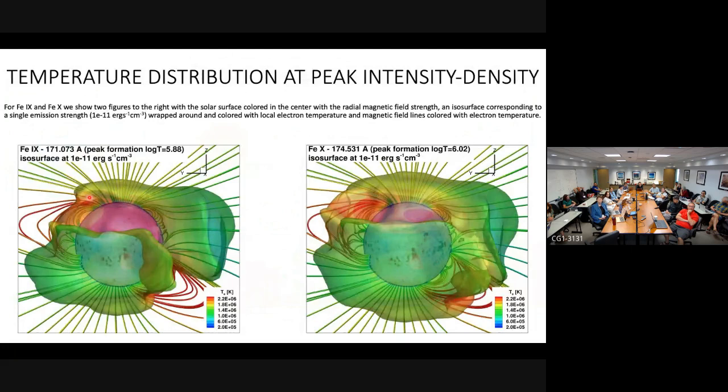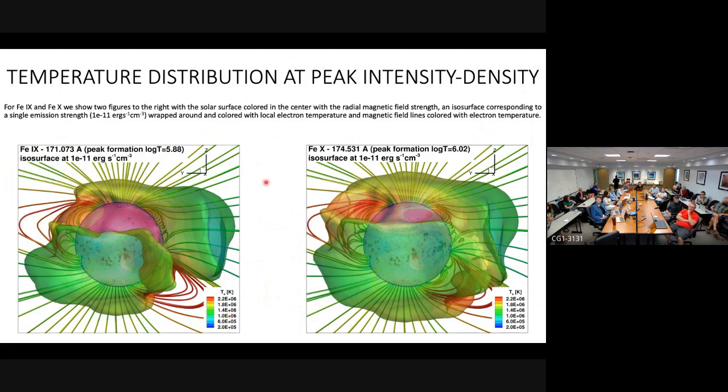Yes, and this is my mission, so I'm sorry that I bore everyone with this. The peak temperature is not equal to the temperature where the plasma emits from. I'm showing here two isosurfaces that emit with the same intensity, like intensity density basically, and I colored them with electron temperature.